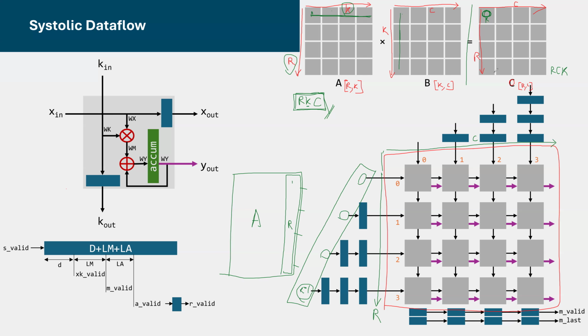Similarly, on this side you are sending matrix B, one column at a time. So you send 0, 1, 2, up to C minus 1.